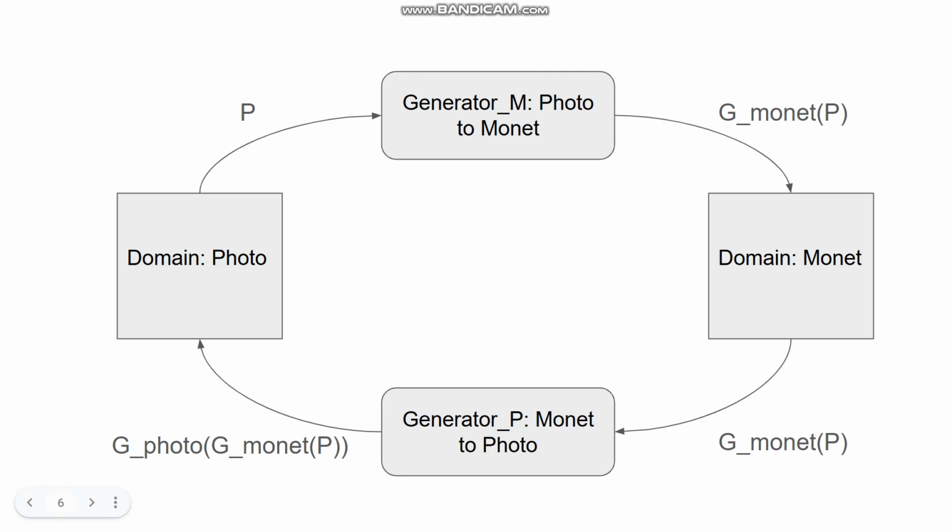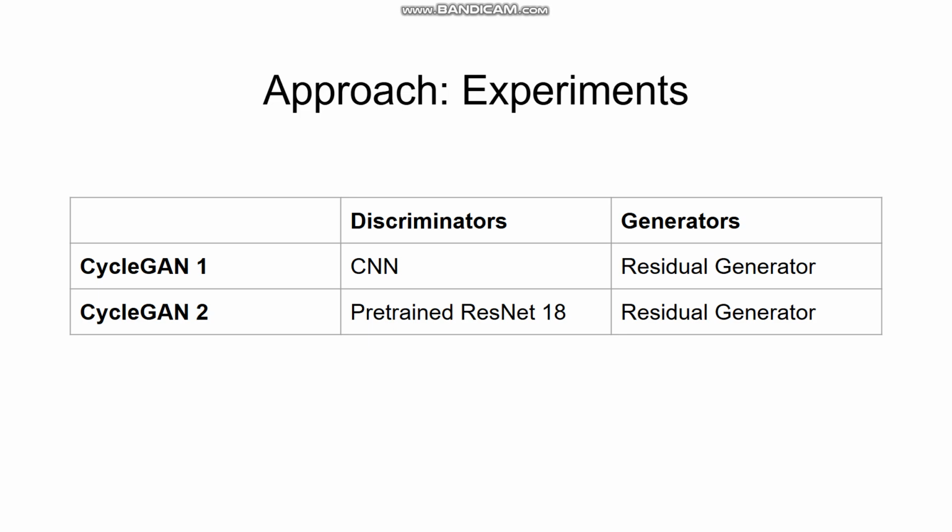So this is essentially a reconstructed version of the original photo P. So the whole cycle's goal is to minimize the difference between the reconstructed version of this photo and the original photo. This cycle goes in the other direction too, and this is what the whole training cycle is about, minimizing the cycle consistency loss.